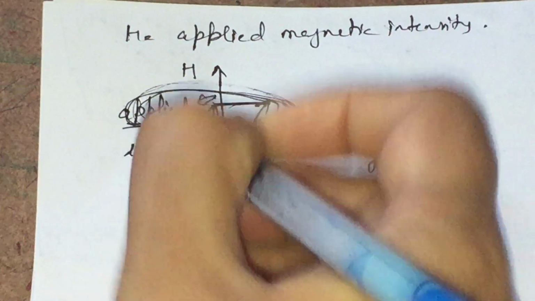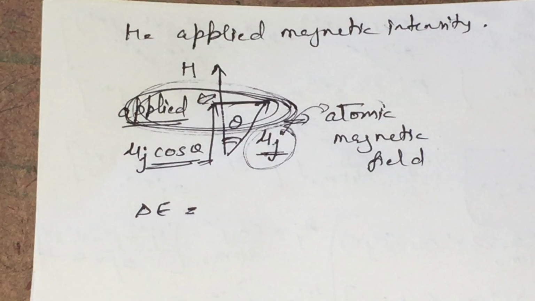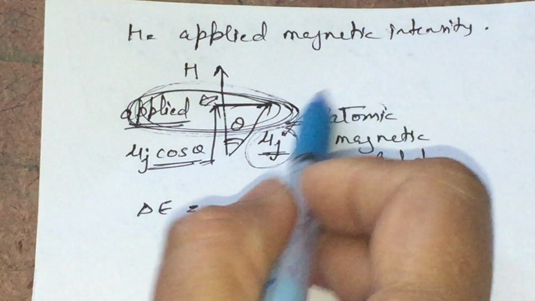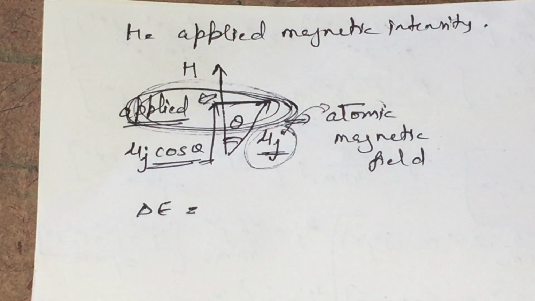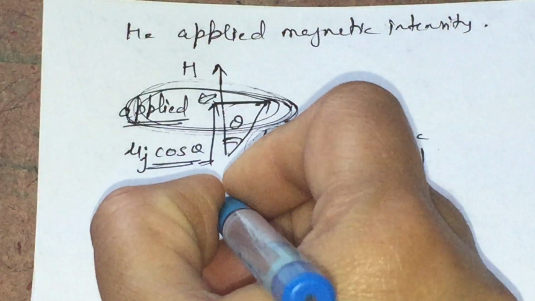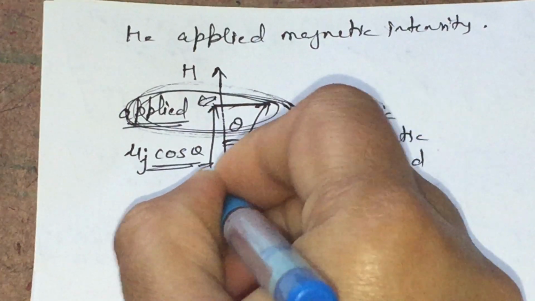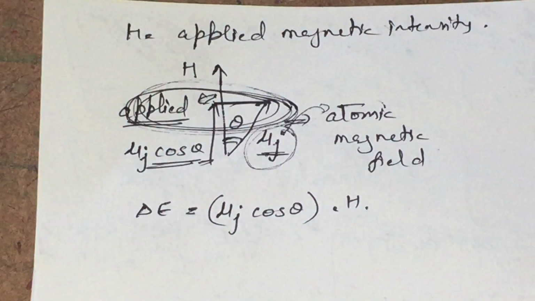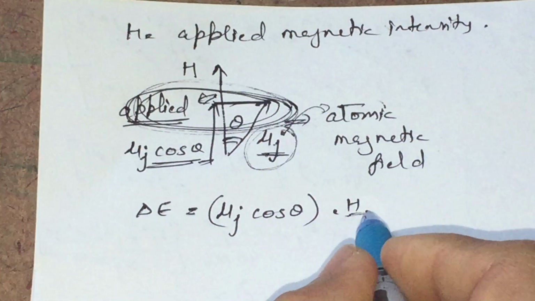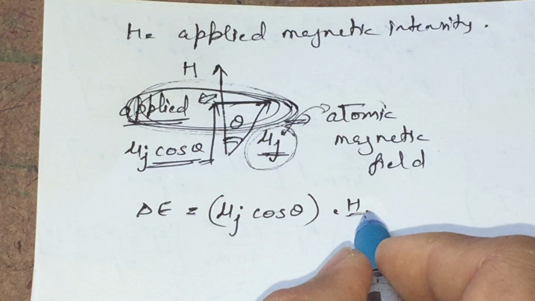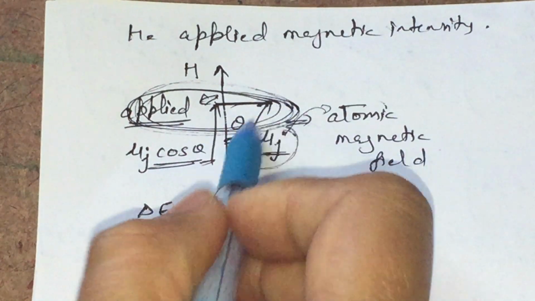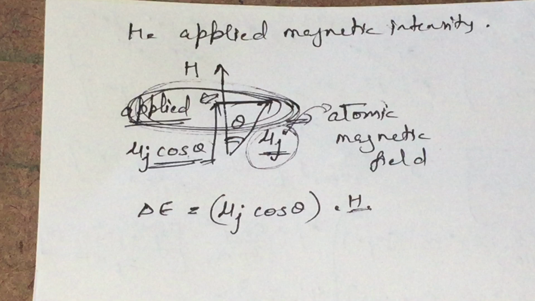And we can give the change in the energy of our atom, or our atomic magnetic moment, as mu j cos theta times H, because if H is of high intensity, then the value of theta will also change.